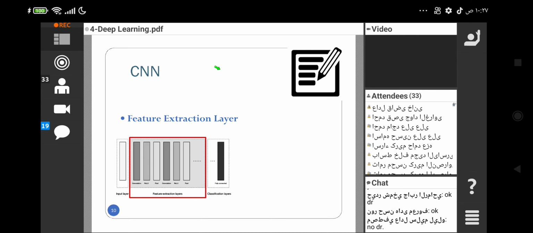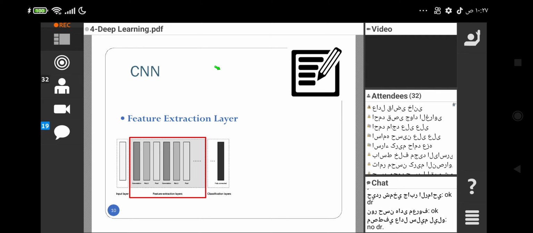So it is very many pixels, and many of these pixels are not good. Many of the pixels, we don't need them.